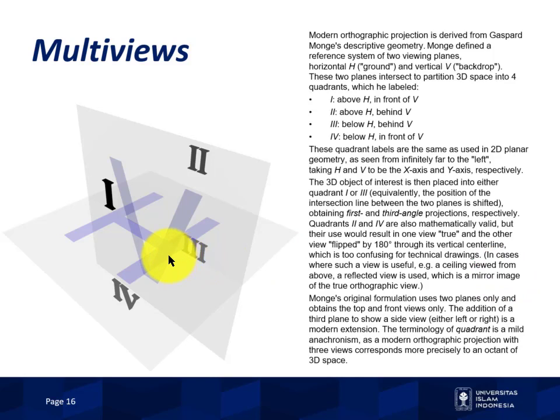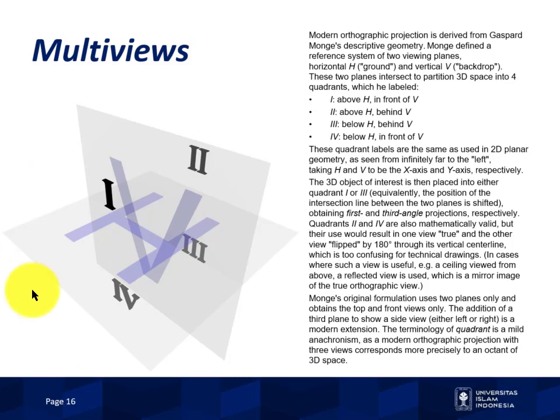In cases where such a view is useful, like a ceiling viewed from above, a reflected view is used, which is a mirror image of the true orthographic views. Monge's original formulation used two planes only and obtains the top and front views only.